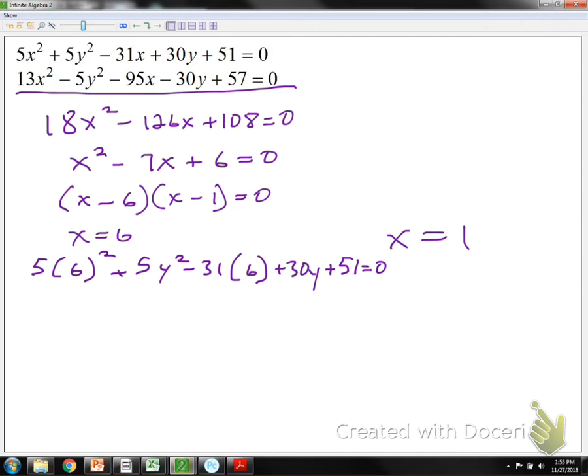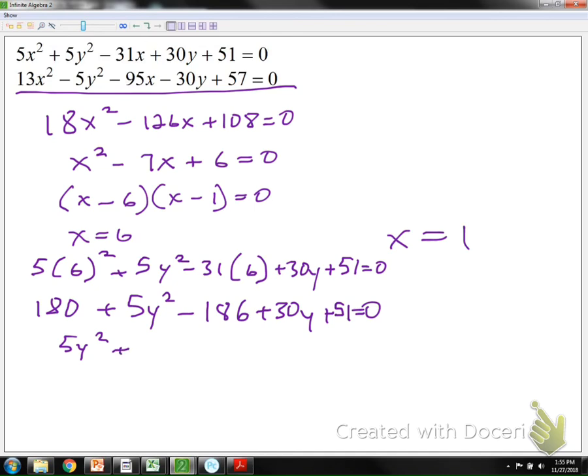That gives us 5 times 36, which is 180, plus 5y squared, minus 6 times 31, which is 186, plus 30y plus 51 equals 0. And that's going to give us 5y squared, negative 6 plus 51, that's 45, plus 30y plus 45 equals 0.